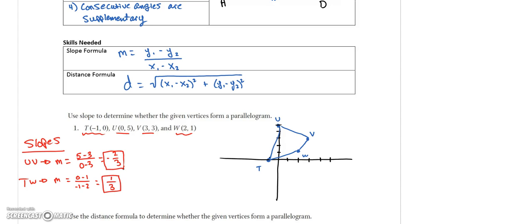So UV and TW are not parallel. So that tells me that this is not a parallelogram.